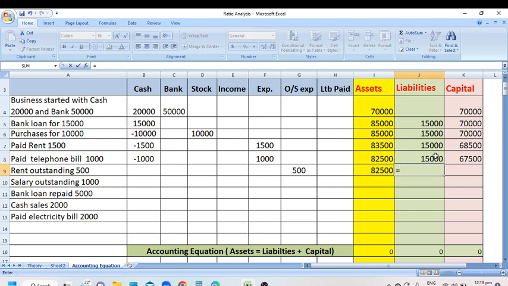So I'll make the formula now, because I'm making the formula per the transaction. I don't want to put the formula from the start and after that it will be trouble for you, right?